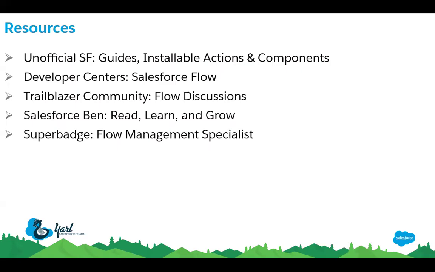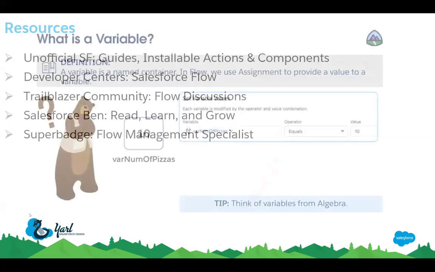Developer centers and the Trailblazer Community also have discussions going on. Salesforce Ben is one of the good websites where you can learn things, and also Superbadges. As we discussed last week, there are nearly 10 Superbadges available for Flow alone. This may not be the time, as you are working on the hackathon, but after the hackathon, if you are planning to continue Salesforce learning, doing those Superbadges will be very helpful to understand Flow better.